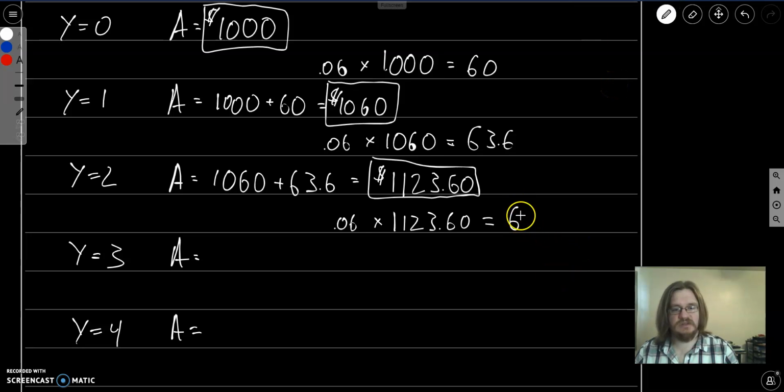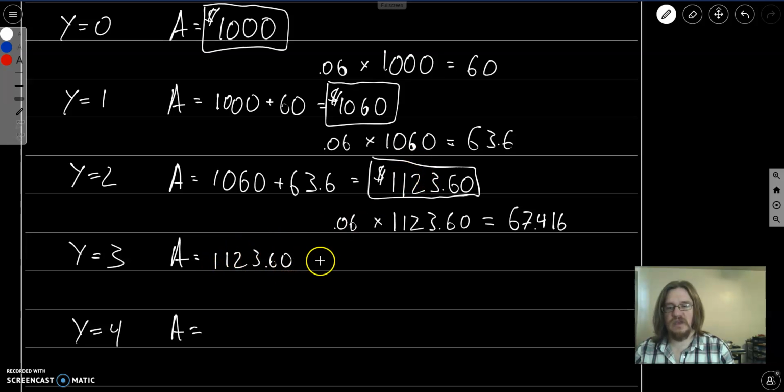67.416, excuse me. And we'll take our money in our account and add our interest to it. And this is something that maybe I should just do in Desmos.